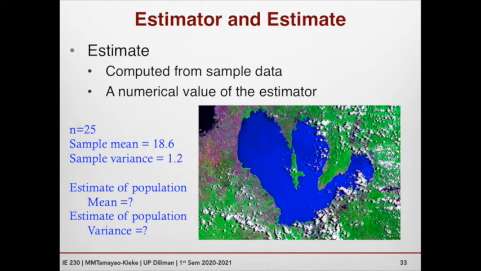Now say that we get a sample mean of 18.6 and a sample variance of 1.2. What do you think would be the estimate of the population mean and the estimate of the population variance? In this case, it would just be 18.6 and 1.2 respectively.